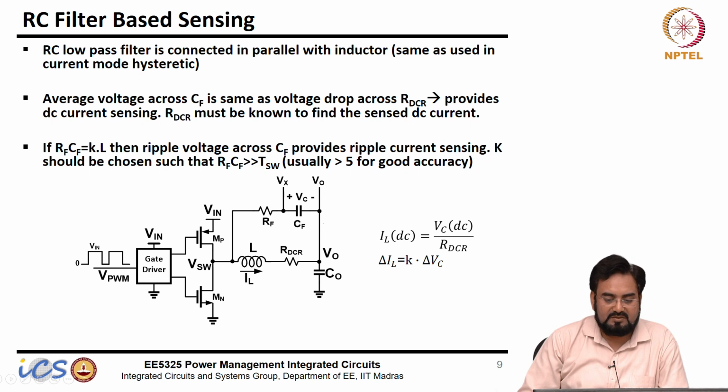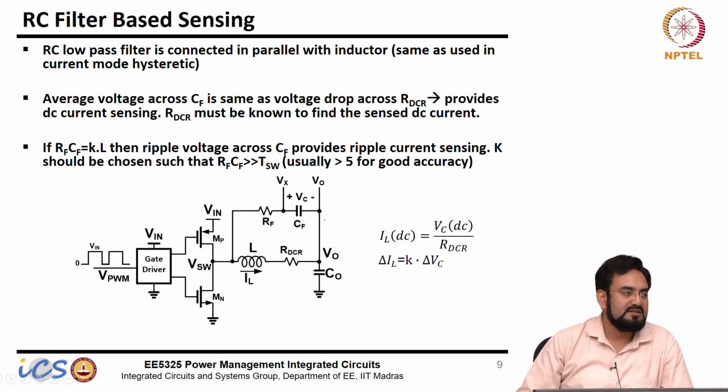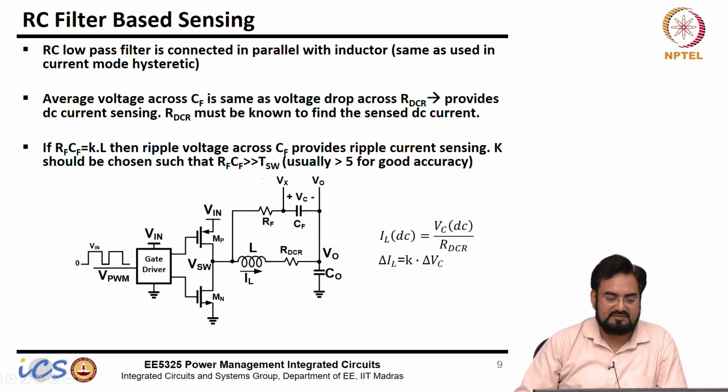So this can give you, the only problem here is this RDCR doesn't remain fixed, it can change with temperature. Okay. So that's the only drawback, otherwise it's a very good technique to use for current sensing without any loss here, because you don't require any series resistor here. So you can get both ripple as well as DC information here.